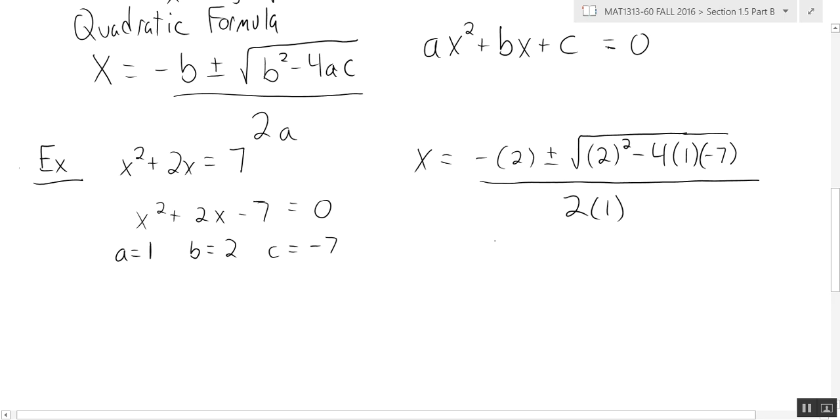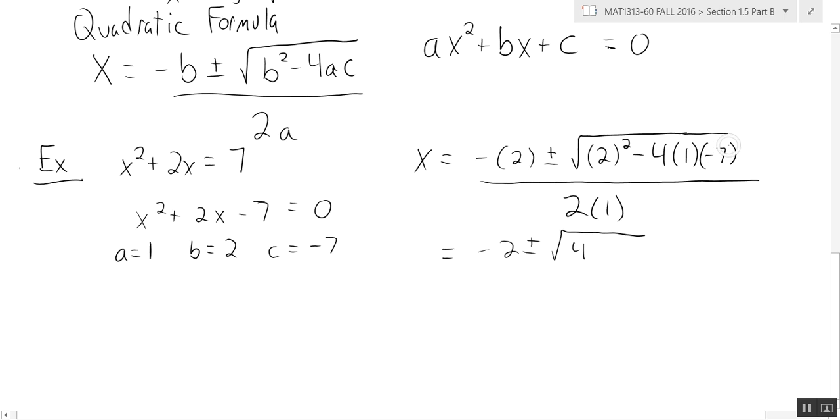Alright, so now I'm going to start simplifying. I have the negative of 2, that's negative 2, plus or minus the square root of, now 2 squared, that's 4. And now here's where I need to multiply some numbers together. I want to say negative 4 times positive 1 times negative 7. So negative 4 times 1 is negative 4.